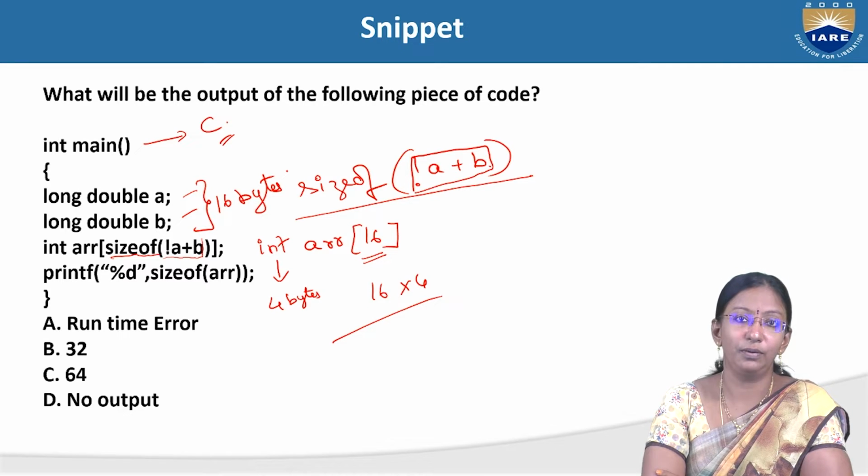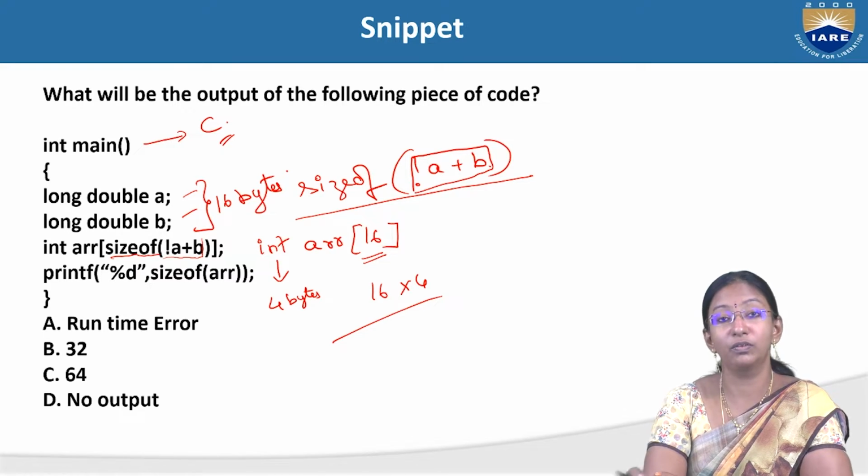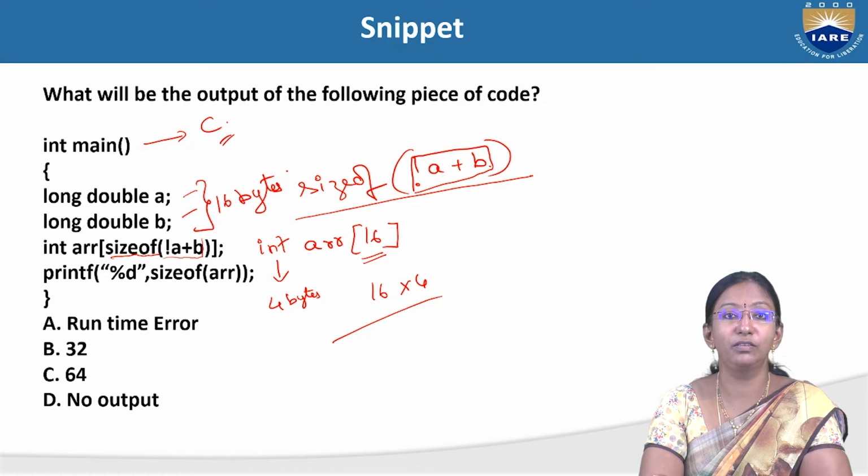If each element in the array takes 4 bytes, how much memory will 16 elements placed consecutively occupy? 64, 16 fours, right?